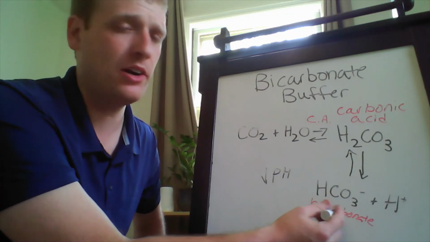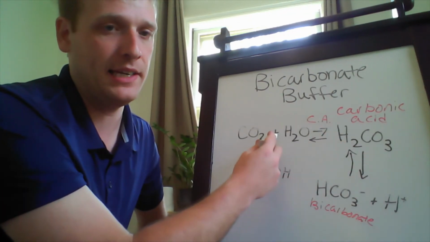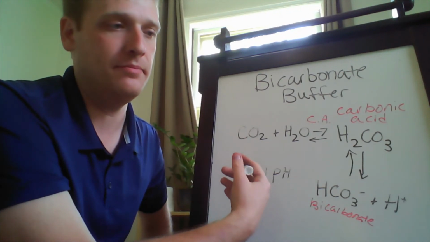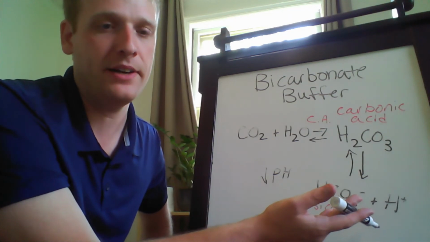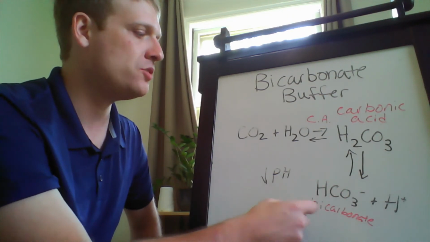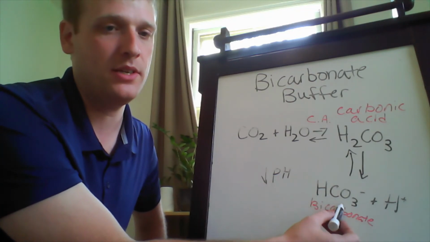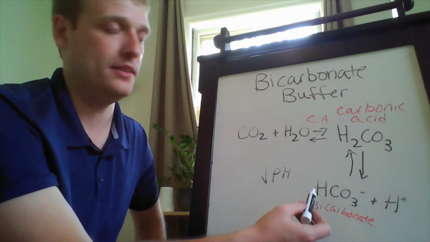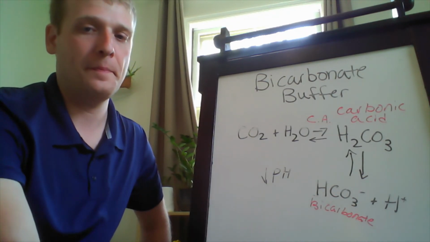So having bicarbonate around is really useful, but ultimately this gets converted back into carbon dioxide before that blood enters the pulmonary capillaries. So this is the bicarbonate buffer system, and this is the form that most carbon dioxide in the blood will take, the bicarbonate ion.